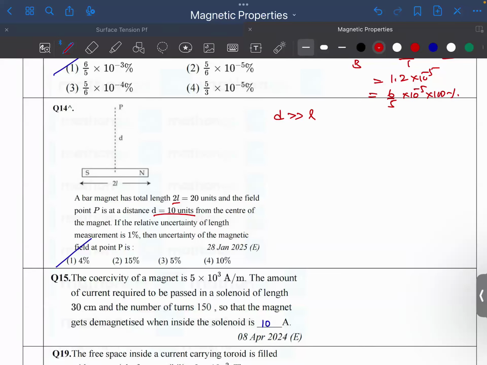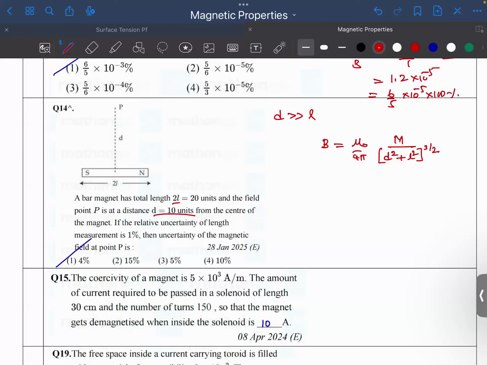So in that case, you need to know if length is comparable, what formula to have. In electrostatics, you have that relation. I think, if I am not mistaken, the magnetic field formula contains mu naught by 4 pi, M by (D square plus L square) whole to the power of 3 by 2.